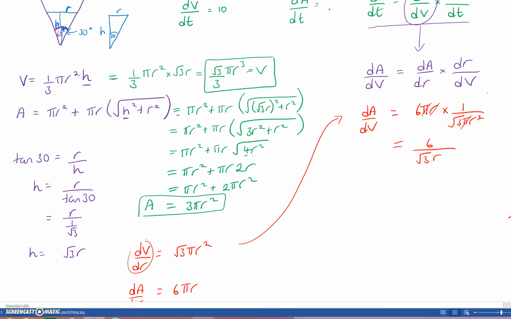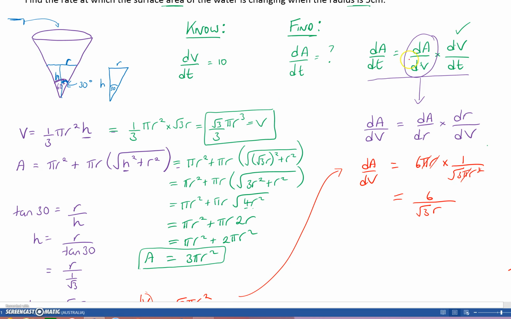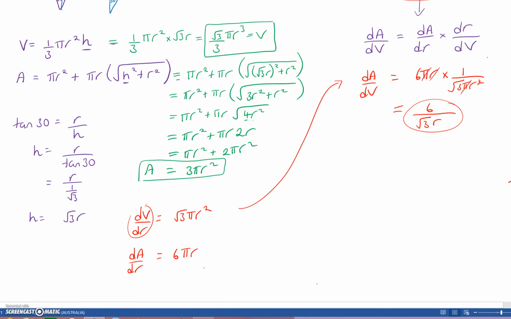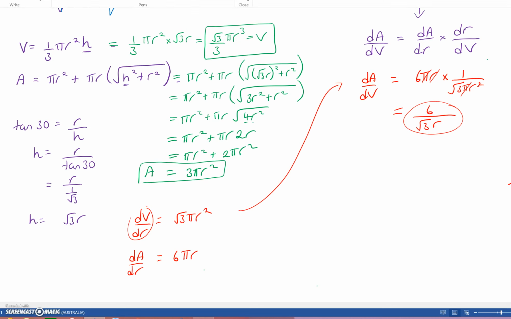And now I need to go back into this original chain rule that we set up at the beginning. So I have now dA/dV is equal to this expression here, and dV/dt we knew from the very beginning was 10 centimeters cubed. So I'm just substituting that now into dA/dV was the 6 over root 3r, and the dV/dt was the 10.